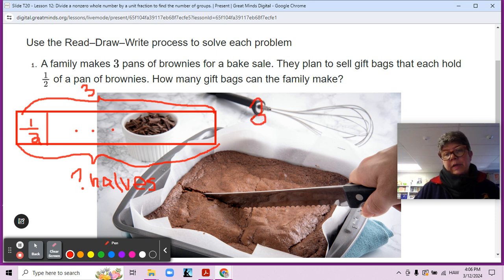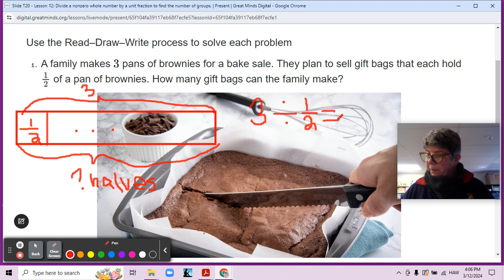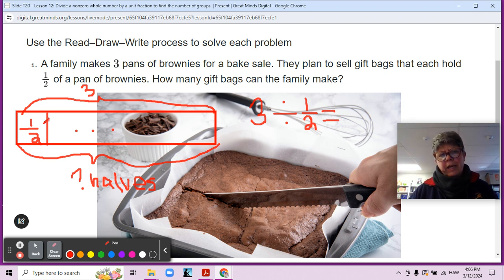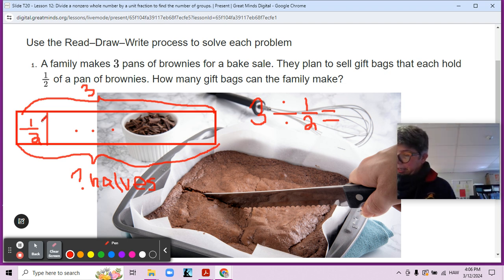We're dividing 3 divided by 1/2 because we're asking how many halves are in 3, right? 3 divided by 1/2. Can the family make more than 1 gift bag? Yeah, there are more than 1/2 in 3, right? The tape diagram helps us to make sense of what the problem says, identify what we're trying to find, and write an expression.